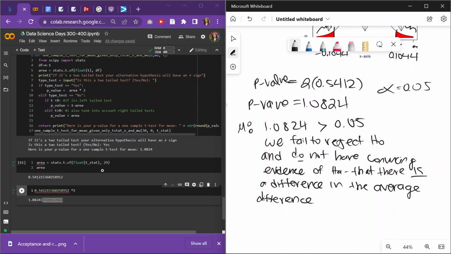Or that there is a difference in the average difference in distance traveled by gummy bears in both treatments?